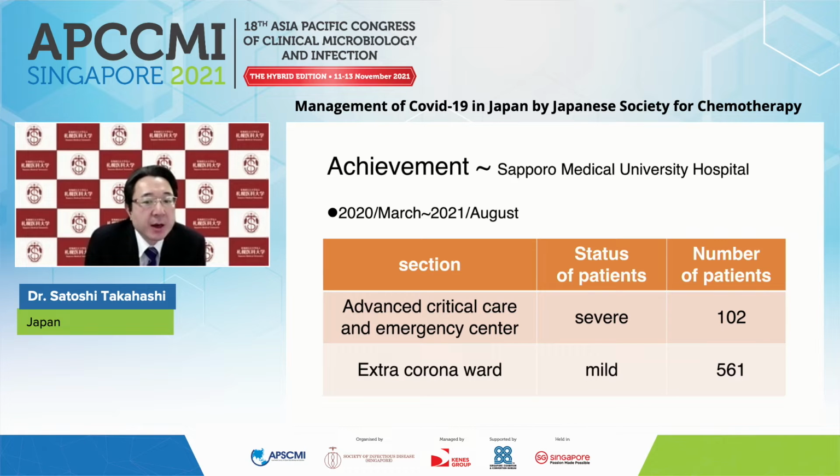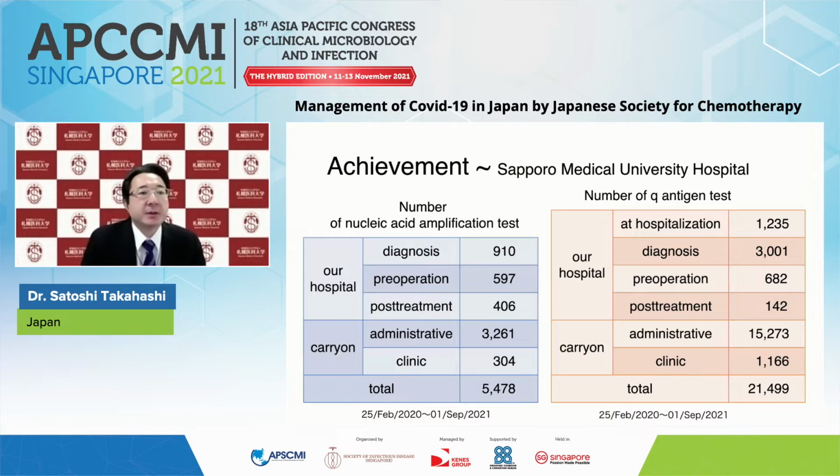In the advanced critical care and emergency center, we see 100 patients, and in the extra coronary ward, we see 561 patients. This is the number of examinations for SARS coronavirus 2. We checked a great many samples for SARS coronavirus 2 in our clinic.